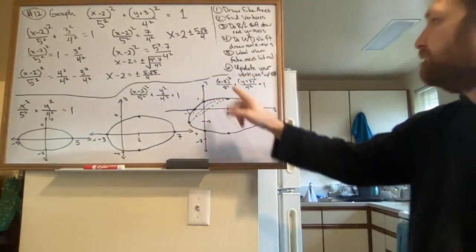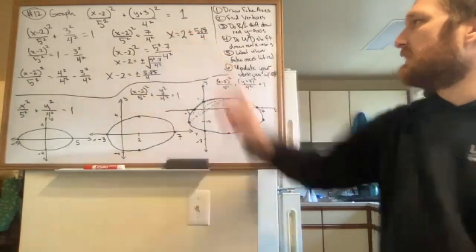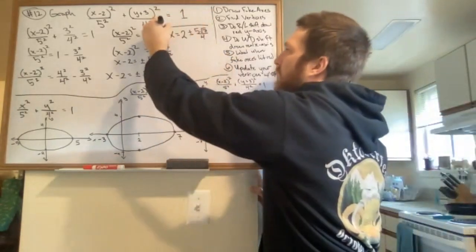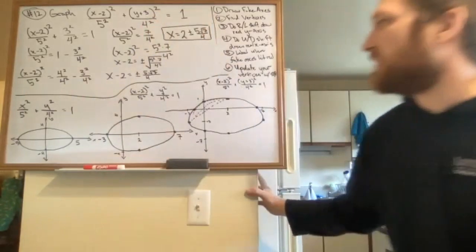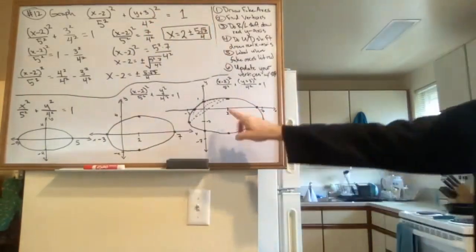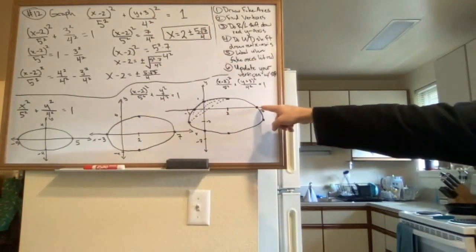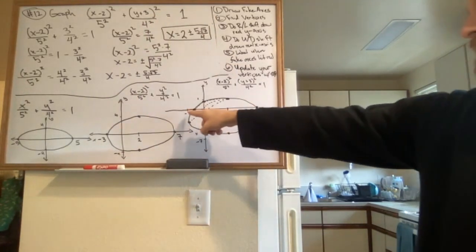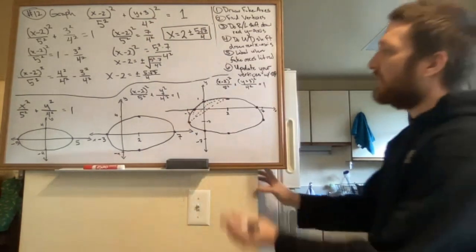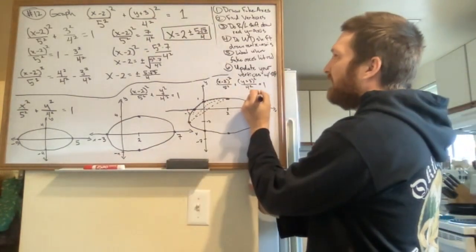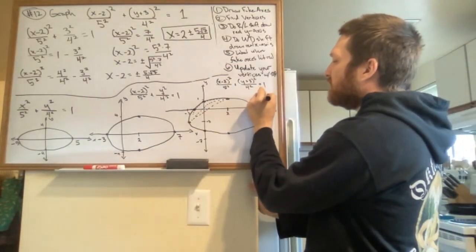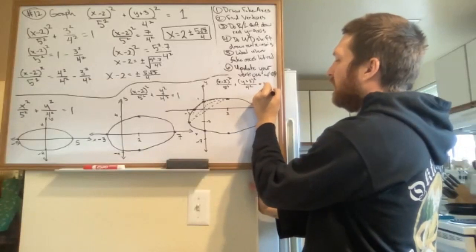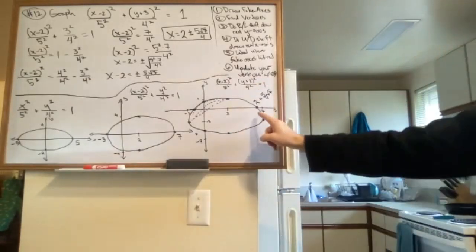And so, yep, indeed, this says that the x-intercepts occur at 2 plus a given distance and 2 minus a given distance. And I could go ahead and label those right here. And this is where we're going to find out whether or not we did our picture right.